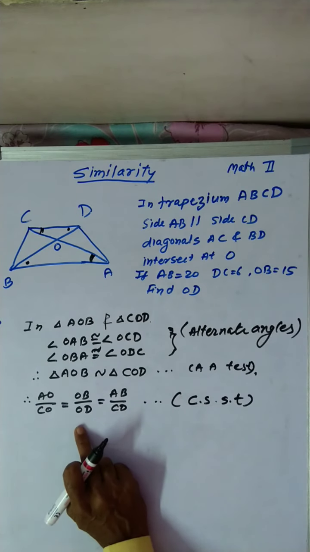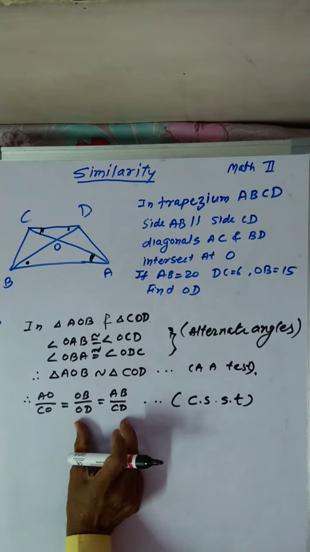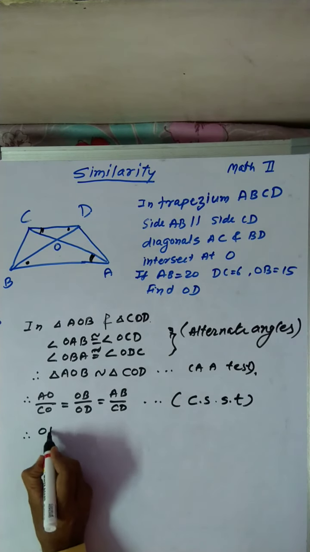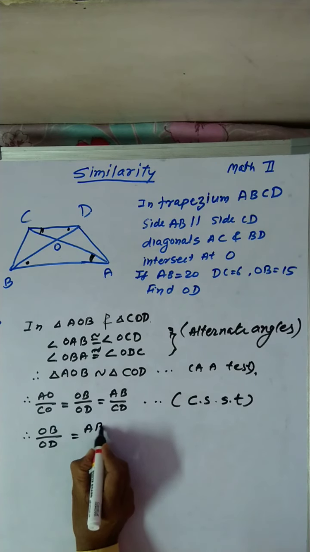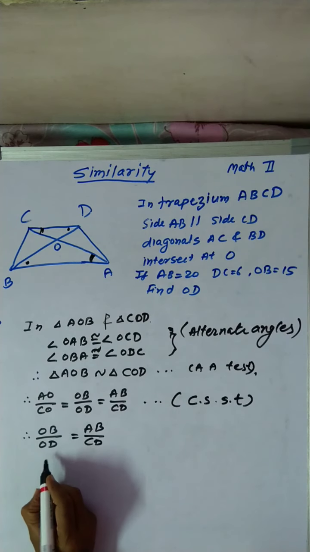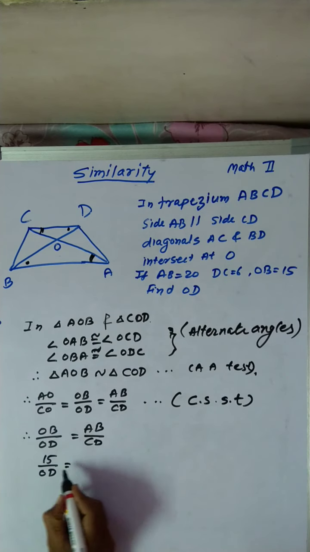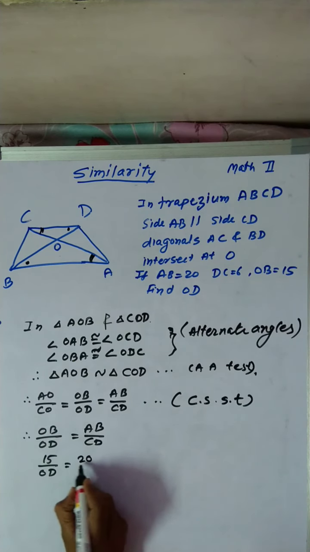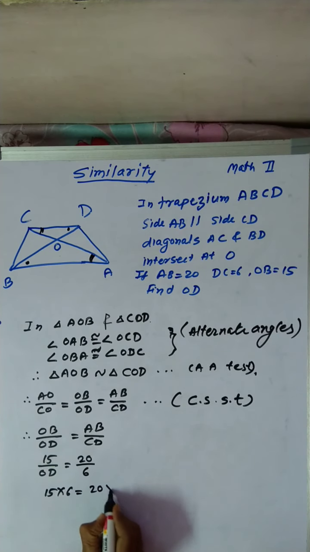OB and OD, that is the second ratio, that means we have to take the second and third ratio. Therefore OB upon OD is equal to AB upon CD. Substitute these values. OB is 15 upon OD, which we have to find, is equal to AB 20 upon CD, that is 6. By cross multiplication we get 15 into 6 is equal to 20 into OD.